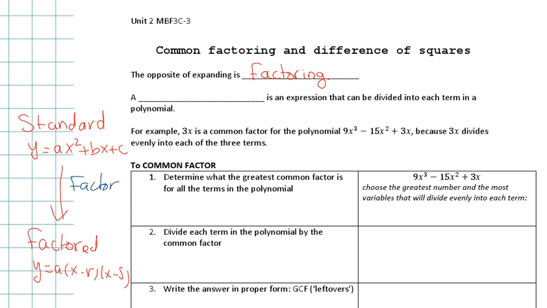You don't always have one, okay? So a common factor is an expression that can be divided into each term in a polynomial.